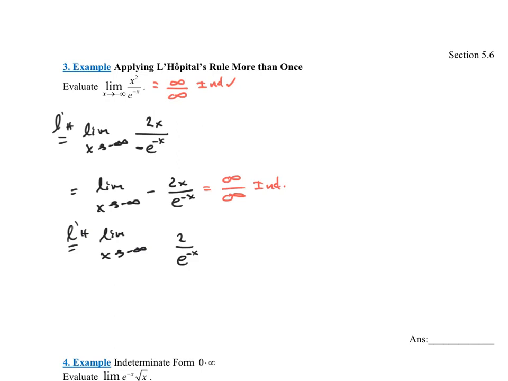Okay? So what happens as we look at this one now? Well, e to the negative x, as x goes to negative infinity, we know this goes to positive infinity. So the number on the bottom is getting huge, absolutely huge. What does that do to the fraction? The overall fraction then has to approach the number 0. If the denominator is getting bigger and bigger and the numerator is fixed, this must approach the number 0.